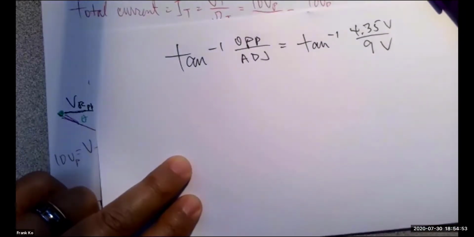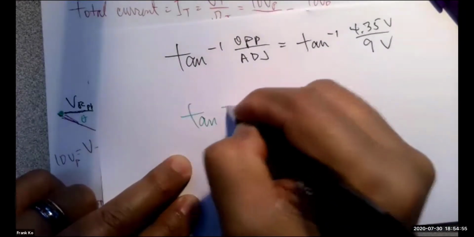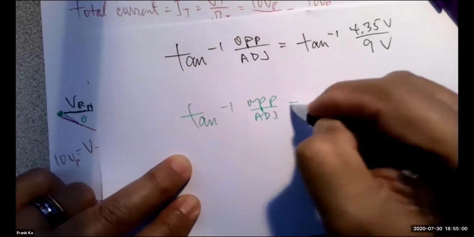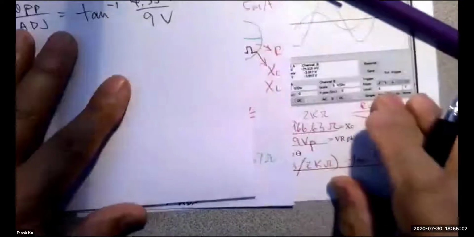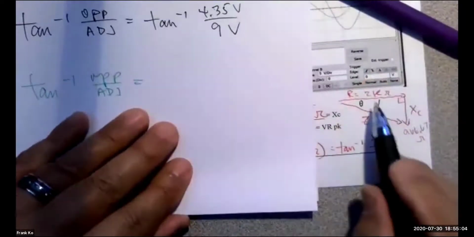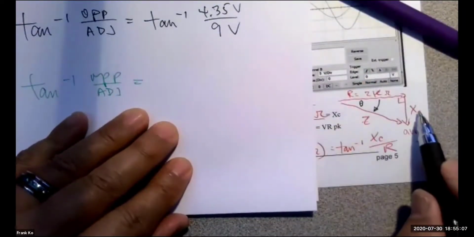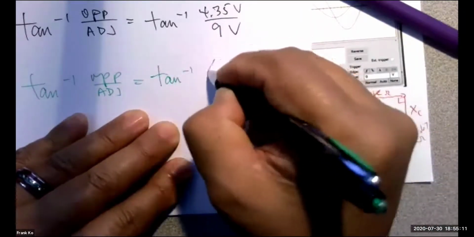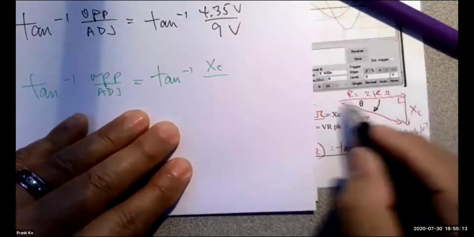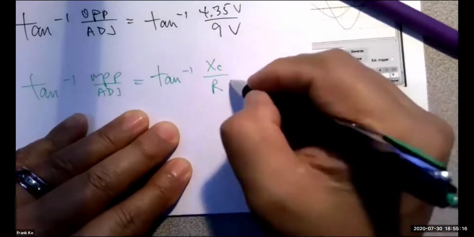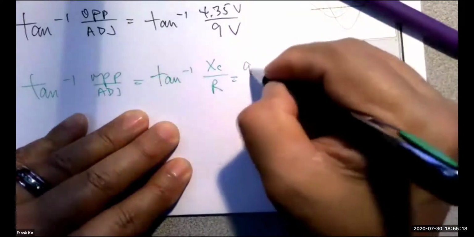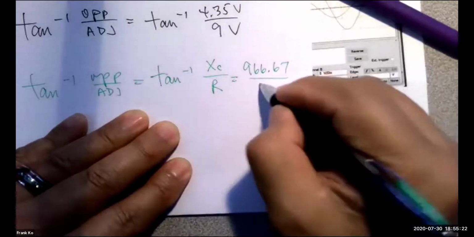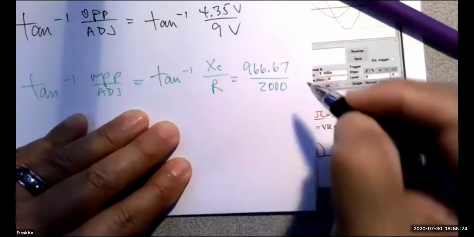The alternative is we can do inverse tan of opposite over adjacent with our original resistor triangle. Here's theta, opposite is X sub C. So this is inverse tan of X sub C over adjacent, which is R. And X sub C was 966.67, and R is 2,000.